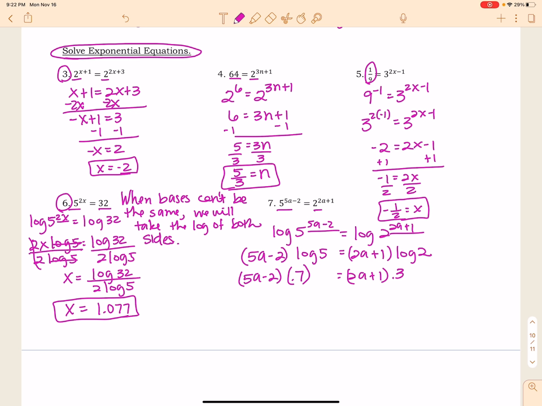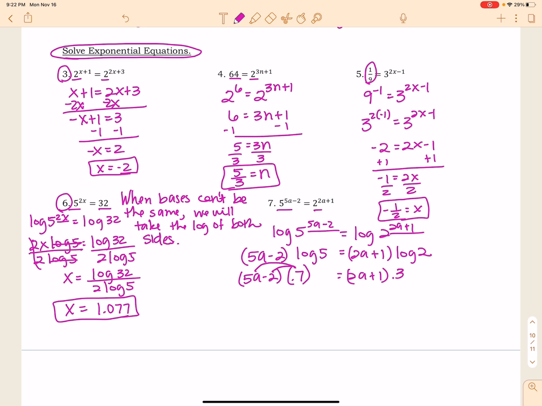Okay, so now you're going to distribute your 0.7 to 5a and to 2. When we multiply that out, of course, we are going to get a decimal. So don't freak out, because that's why these kind of get ugly.